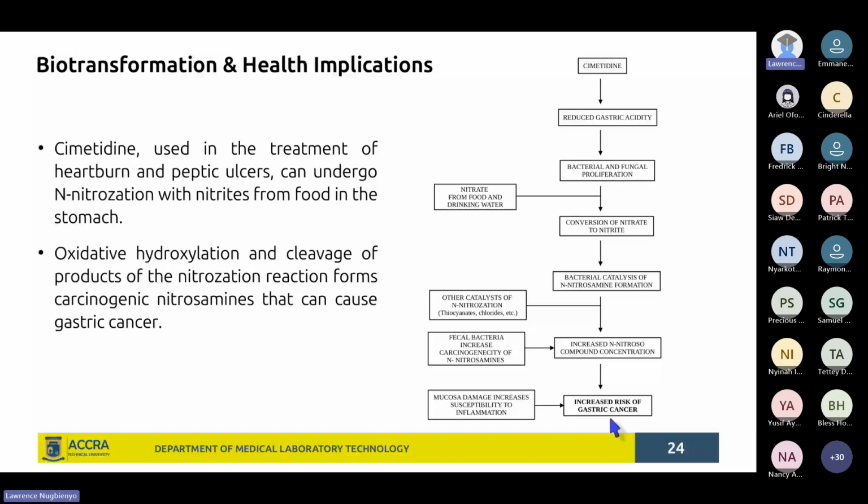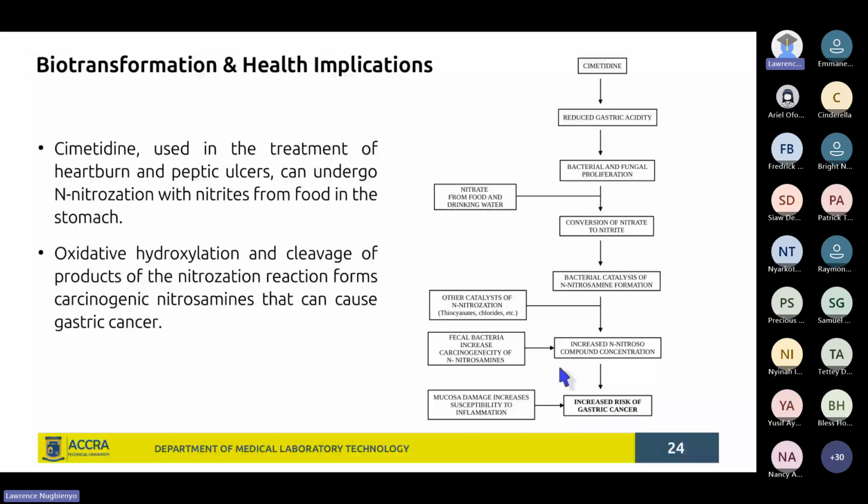So on one end, the drug is being used to treat peptic ulcer, heartburn. And then the side effects, if the drug is being taken over a long period of time, can result in this increased risk of gastric cancer, because once you start having the production of these nitrosamines, you have this fecal bacteria, which will increase the carcinogenicity of these nitrosamines that are being produced.